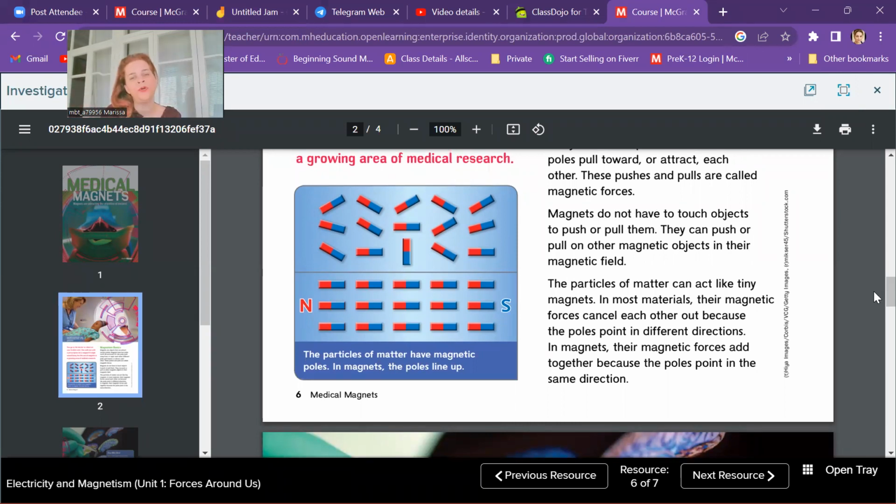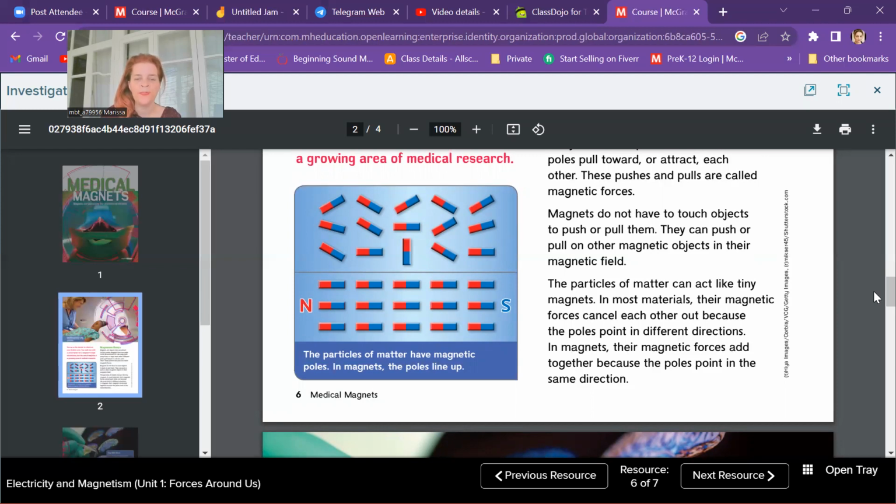They can push or pull on other magnetic objects in their magnetic field. The particles of matter can act like tiny magnets, and in most materials, their magnetic forces cancel each other out because the poles point in different directions. In magnets, their magnetic forces add together because the poles point in the same direction.